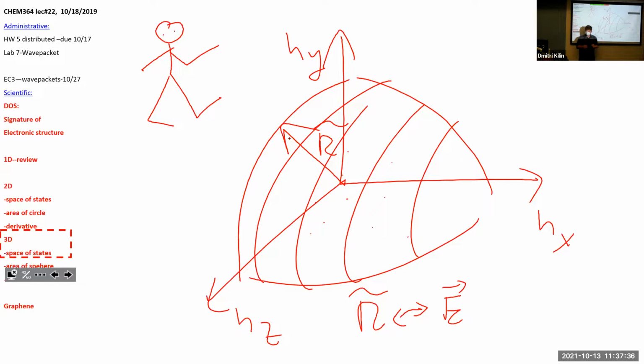Nate told us that it will be proportional to the cube of the radius, right? So 4/3 pi r cubed. So we need to express the radius as a function of quantum numbers, which will be like nx squared and ny squared and nz squared and then the square root, right? Okay.